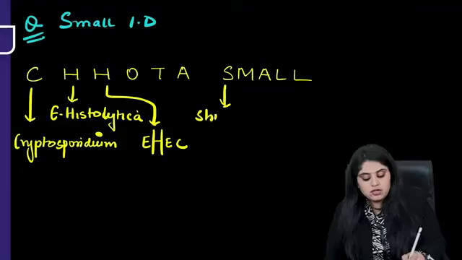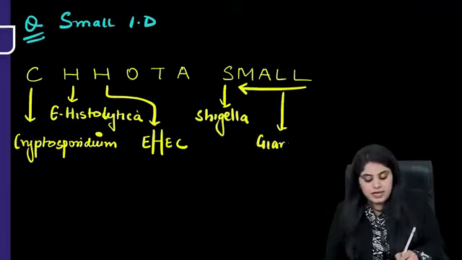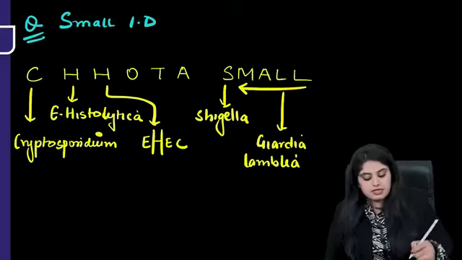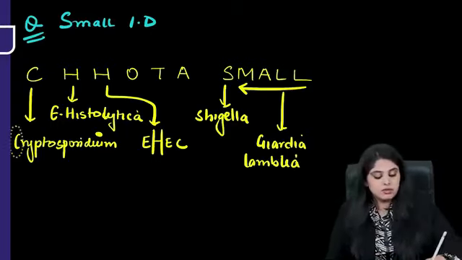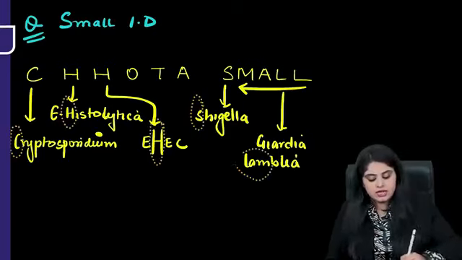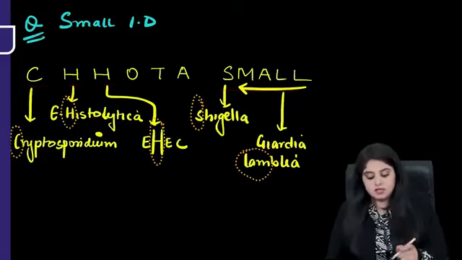S is going to be Shigella. And small, sounds like Lamblia, Giardia lamblia. So repeating, guys, this is going to help you everywhere in microbiology. Cryptosporidium, Entamoeba histolytica, EHEC, Shigella and Giardia lamblia, they are going to have a small infectivity dose.